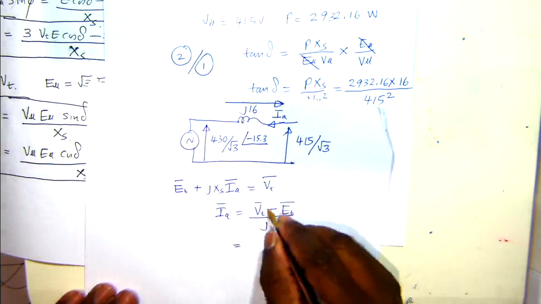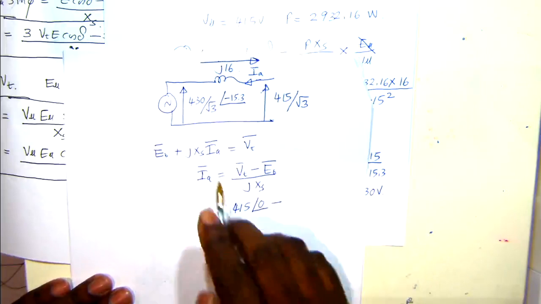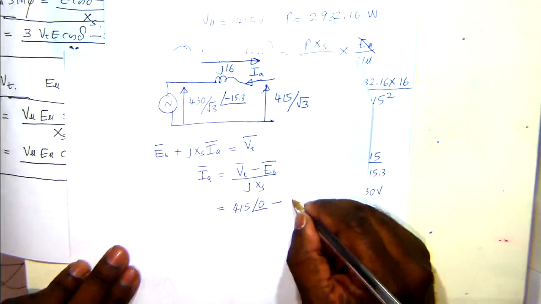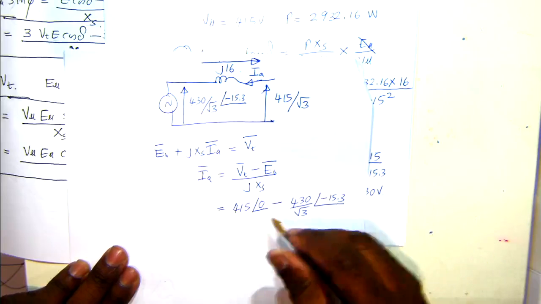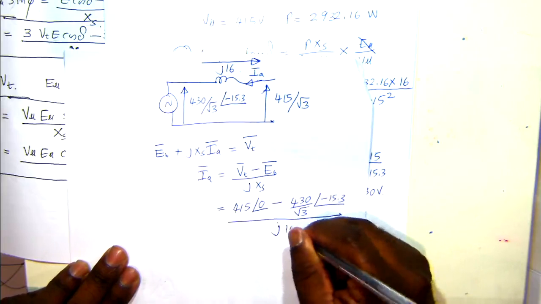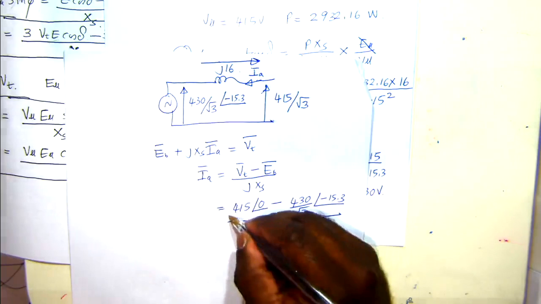So VT, that's our reference phase 0, so that will be 415 0 minus this excitation voltage, that's 430 over root 3 minus 15.3 divided by J times 16. Root 3 here as well.